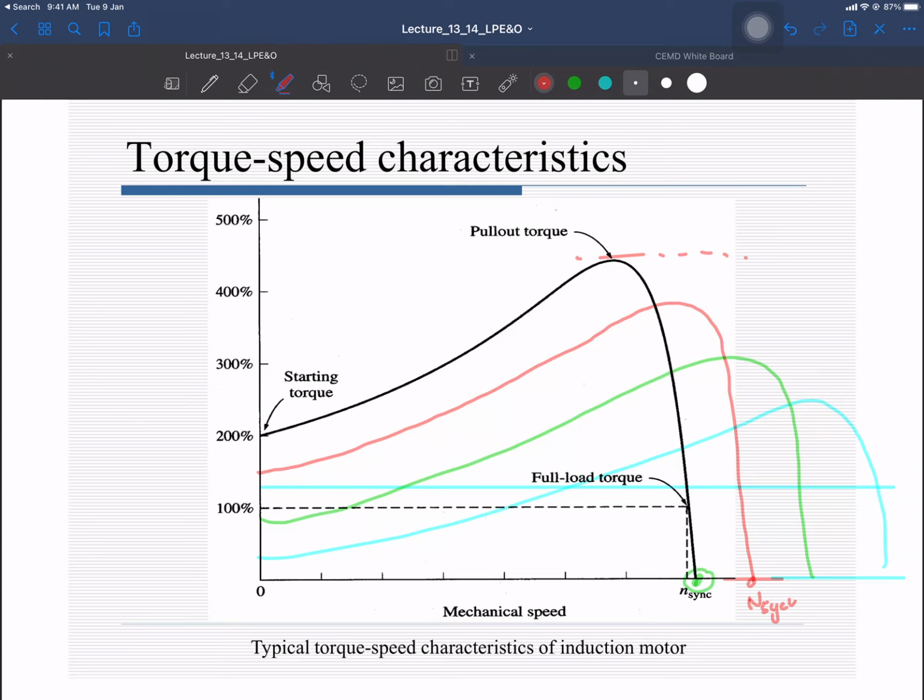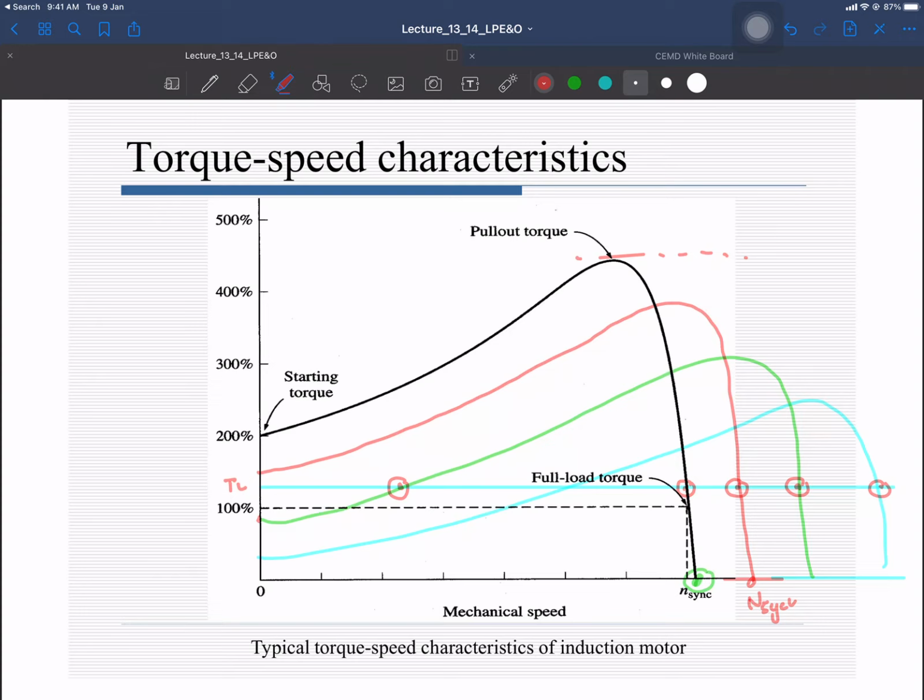I can operate it over here, but not at this point, because the load torque is higher than your starting torque. First of all, your machine is not going to start. The equilibrium points are over here in the 1 to 10% slip range, so you can operate your machine at either of these points.